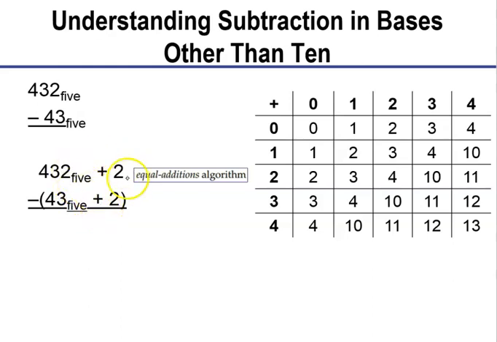But I'm also going to add those 2 1s to the 2 1s right here. You ready for that? Again, this is called the equal additions algorithm. So the 4 here, the 2 plus 3 gave me 5, which makes that 5 5s, but we don't have that either, right? Because we don't have the unit 5. So that gave me 1 0 0 base 5.